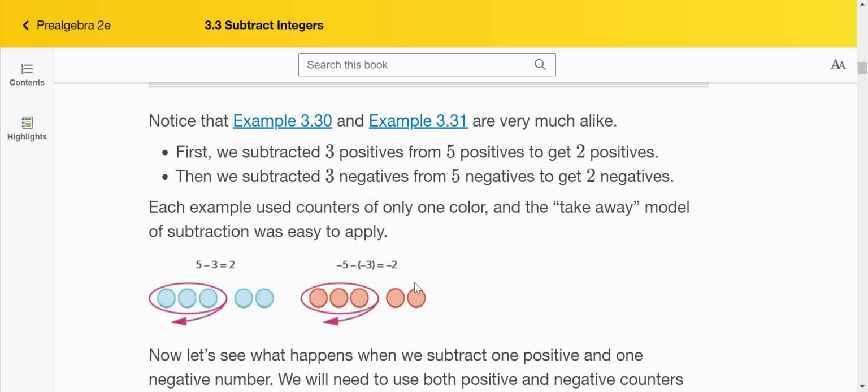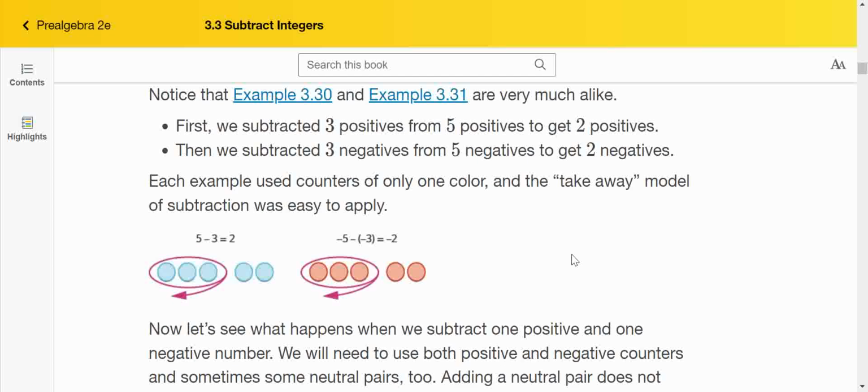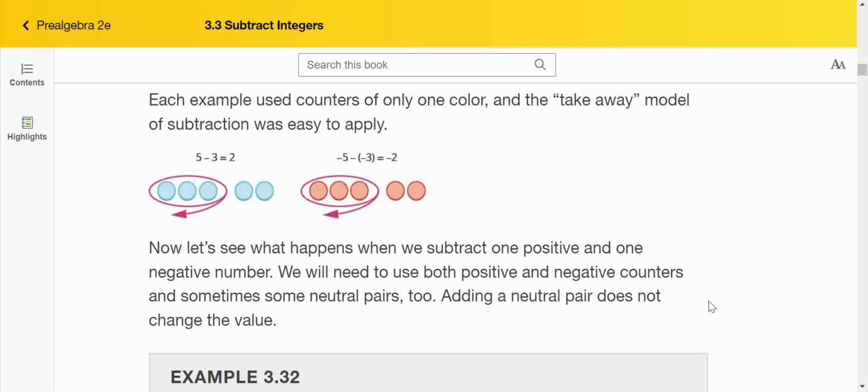Each example used counters of only one color, and the takeaway model of subtraction was easy to apply. Now, let's see what happens when we subtract one positive and one negative number. We will need to use both positive and negative counters, and sometimes some neutral pairs too. Adding a neutral pair does not change the value.